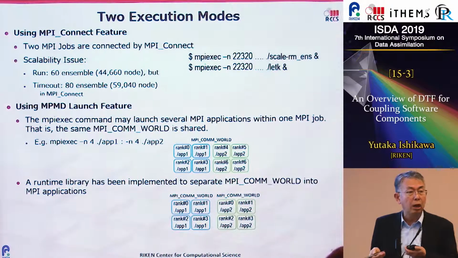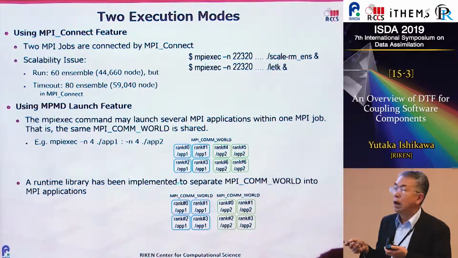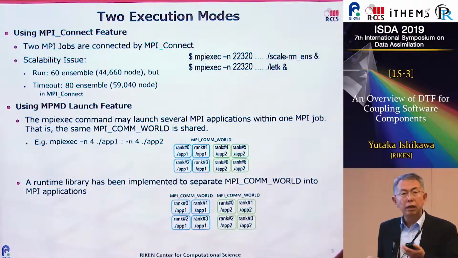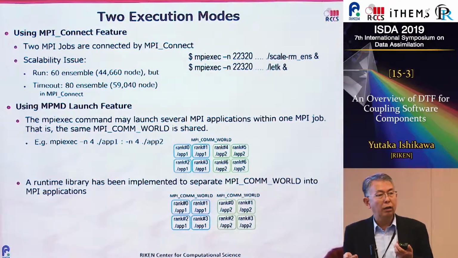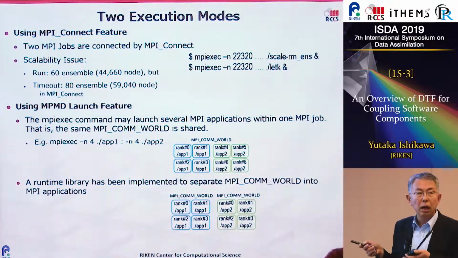But usually, your application assumes it has its own communicator, meaning the rank number starts from 0. In case of this execution, it's not.